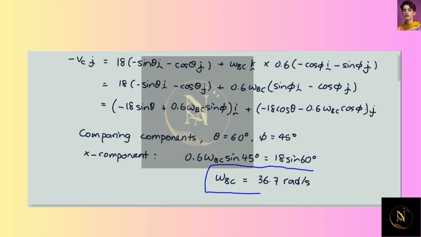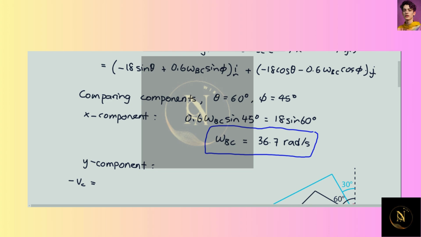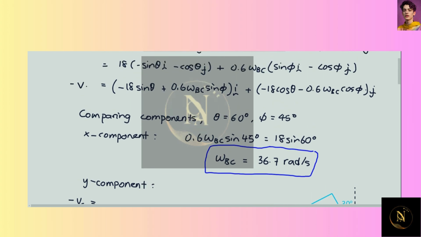Then we compare the y components. So in the y component we have minus vC j.